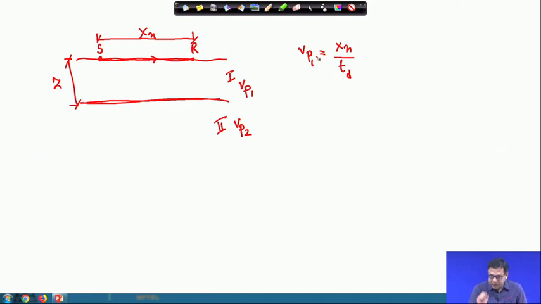Here x n is known, because we can place the geophone at a known distance from the source, and T d will be measured through the geophone.